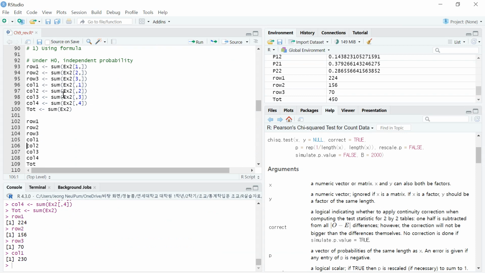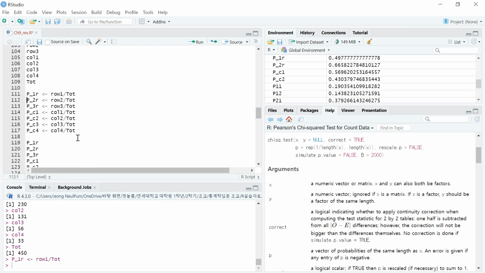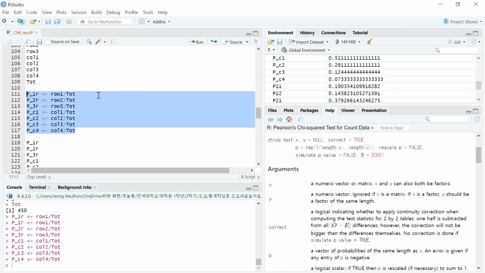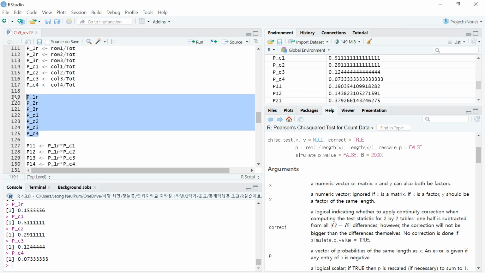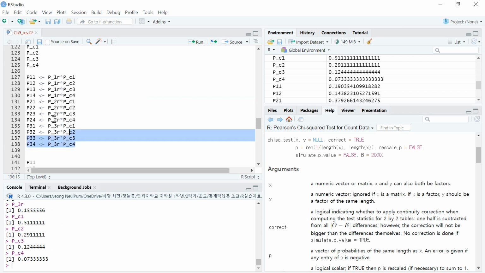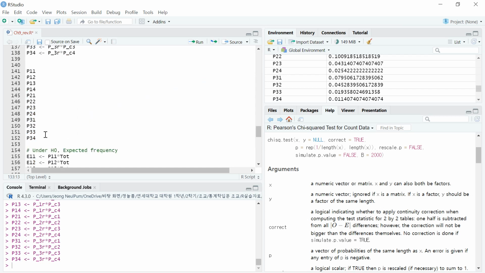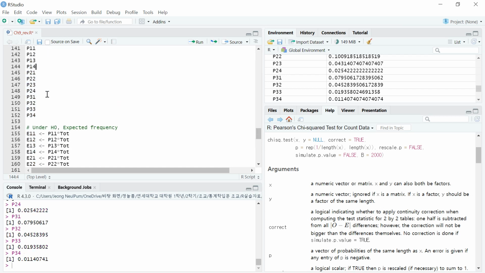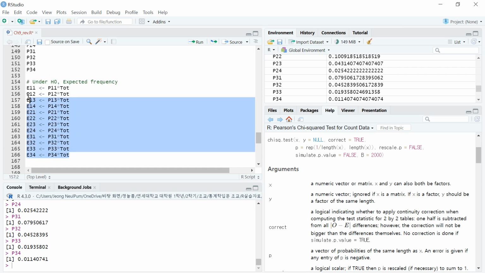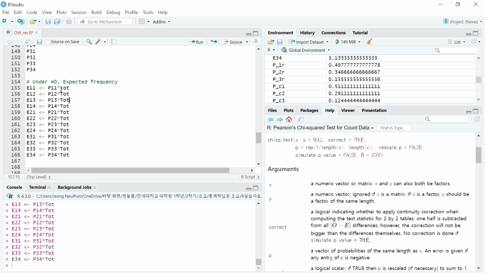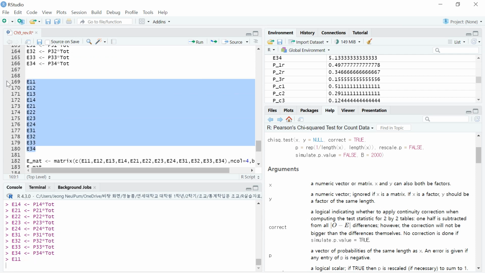After getting the summation, and then after getting the probability and each probability in the contingency table, a total of 12 elements, finally we can get the expected frequency of each element by multiplying the total value with each probability. And then you can also check each value here.